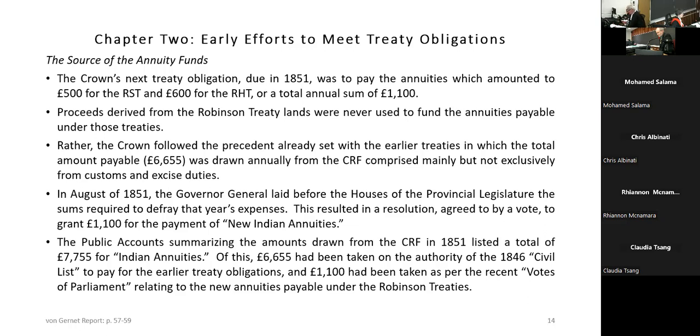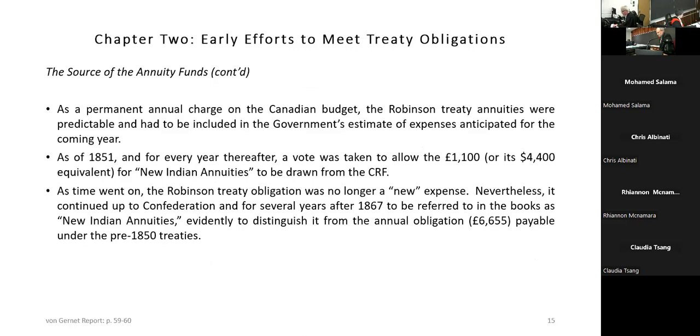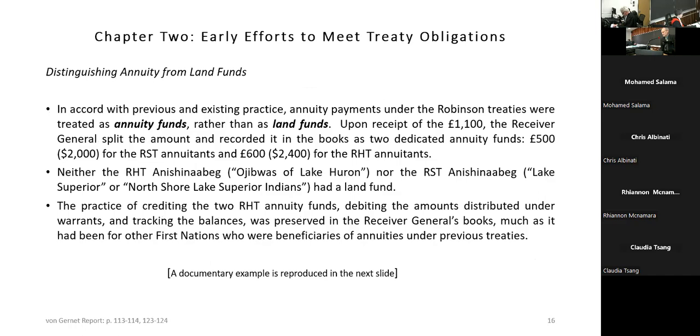Now, on slide 16, you get back into this annuity funds versus land funds dichotomy. Yes. What I wanted to turn to here are the actual books, because they're quite interesting and reflect this understanding. So as I said, the previous practice, and also one that was still existing at the time of the Robinson treaties in 1850 and continued after those treaties were signed, was to distinguish between annuity funds and land funds.